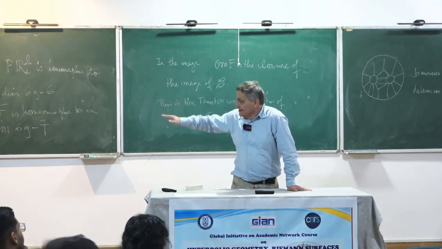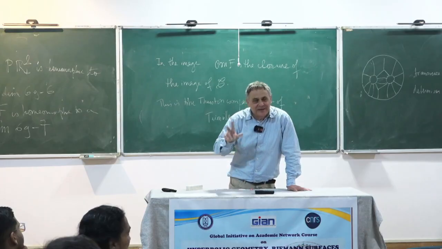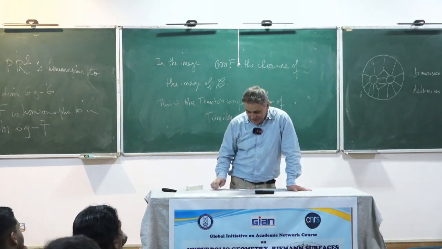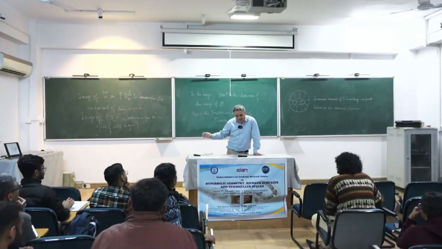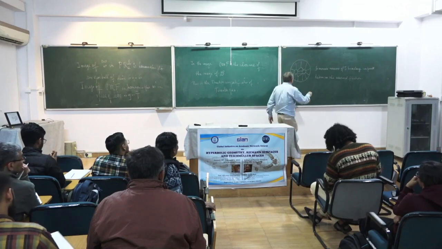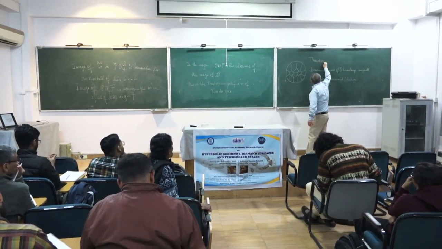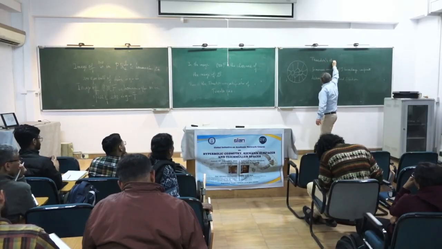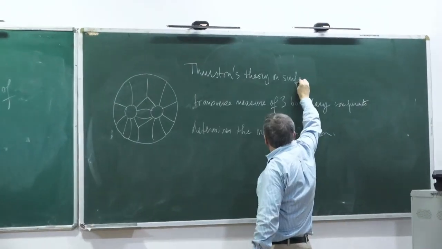So okay, I gave you three references for Thurston, and now there's this fourth and last one. It's also a book on the internet, called Thurston's Theory on Surfaces. It's not written by him.